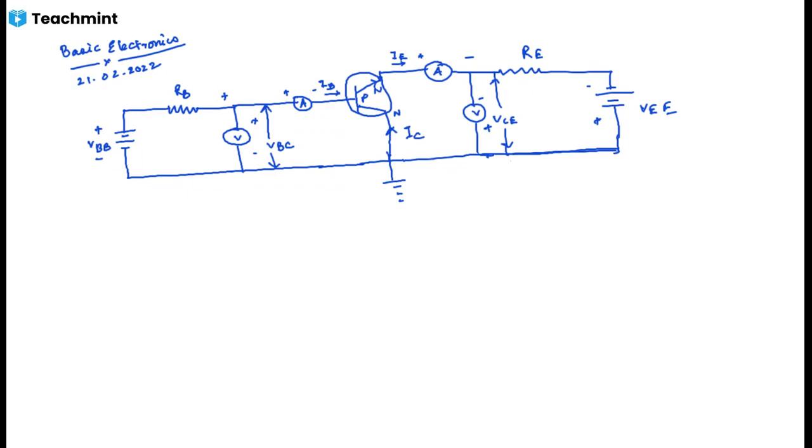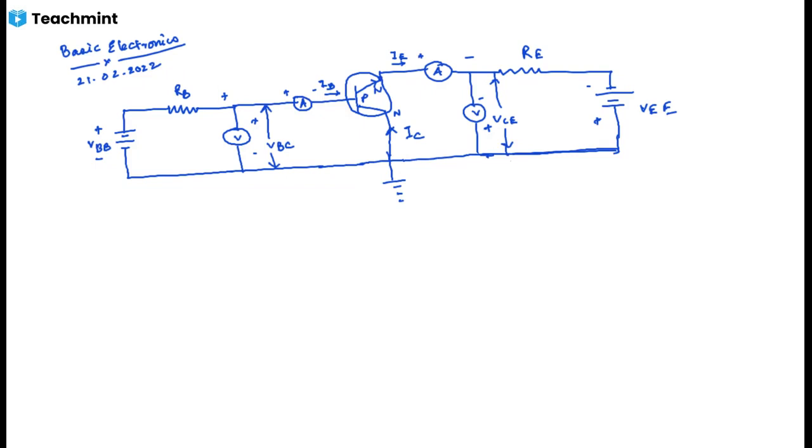The input characteristics describe the relation between the input current or base current and input voltage, base collector voltage, that is VBC. The input current or base current is taken along the y axis, and the input voltage or base collector voltage is taken along the x-axis.